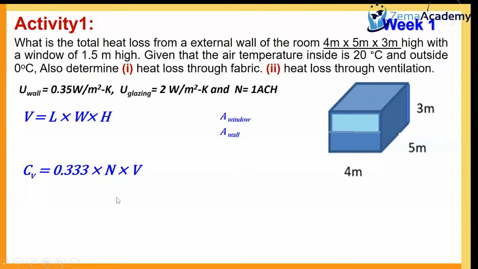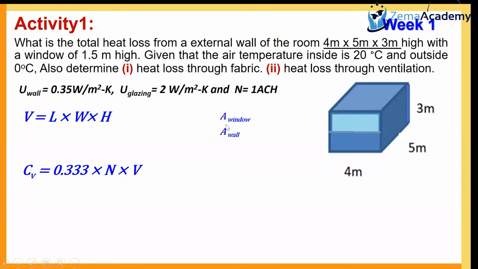In the next step, you need to calculate the area of the wall. Now for the area of the wall, you can see that the area of the wall is 4 times 3 minus the area of the window. So let's calculate the area of the window first.